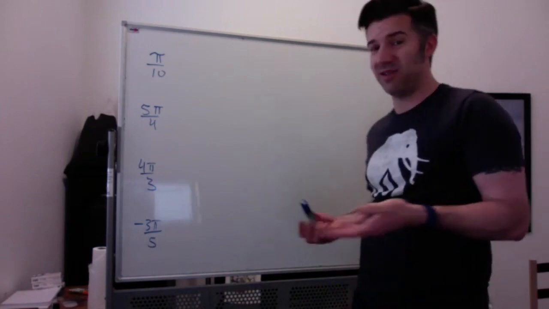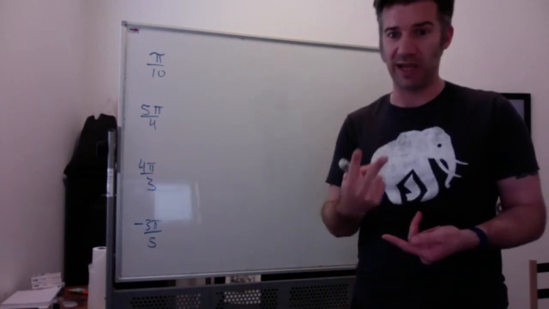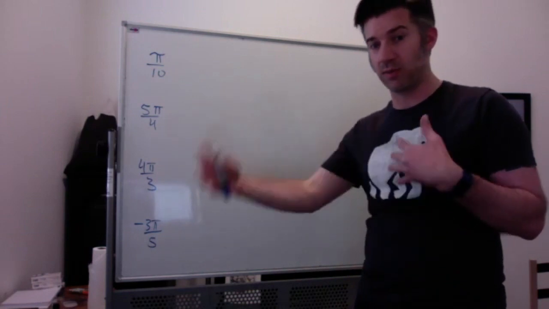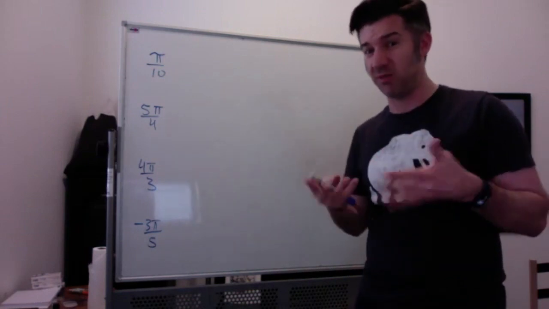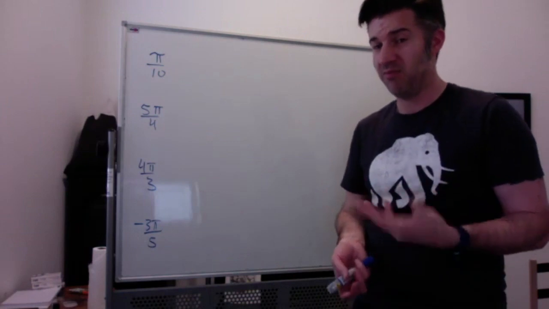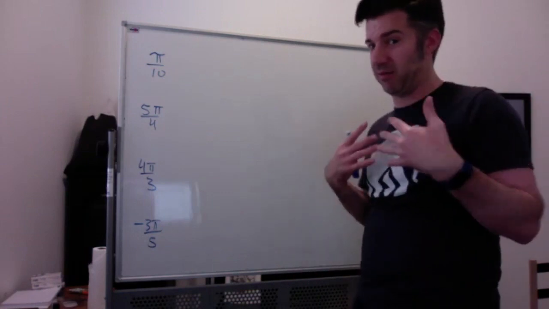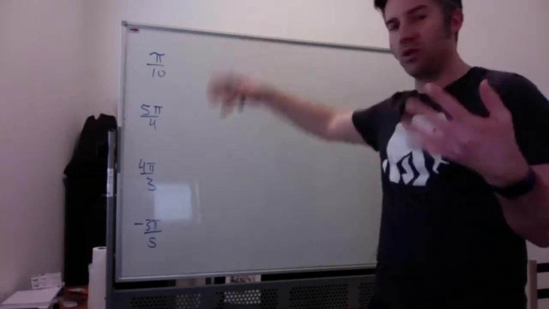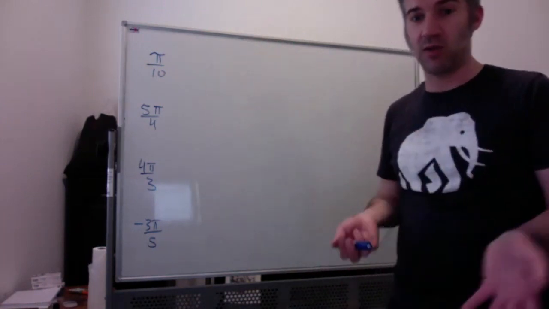We don't often talk about 1 radian or 2 radians or 3 radians because they don't have very nice degree correspondence. 1 radian is approximately 57 degrees, but really it's gross. So usually your radian measures will be some fractional multiple of pi.